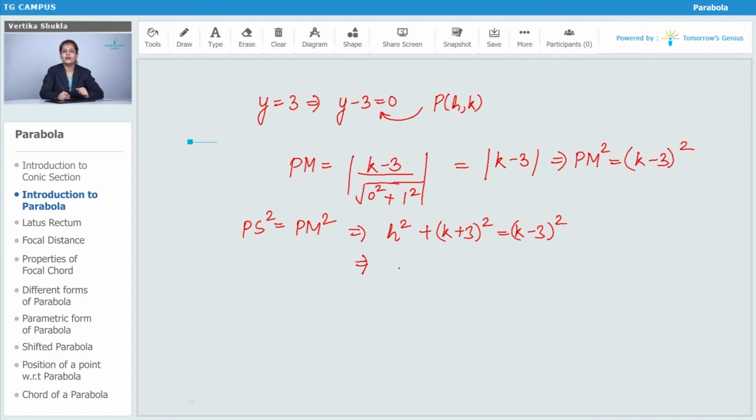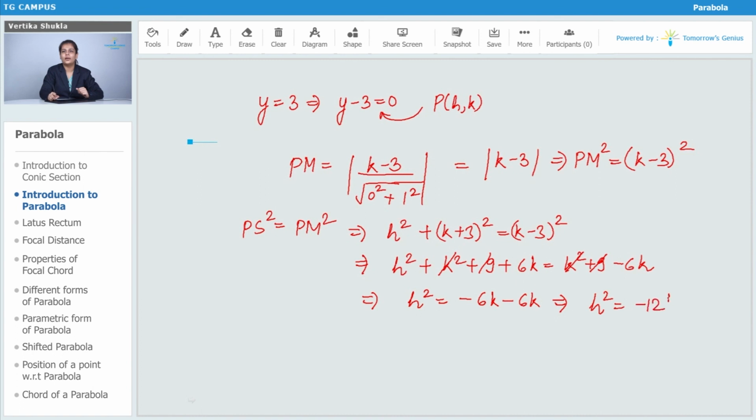Expand this, what will you get? h square plus k square plus 9 plus 6k is equal to k square plus 9 minus 6k. Now this k square plus 9 will get cancelled. What will be left? h square is equal to -6k - 6k. So this will give you h square is equal to -12k.